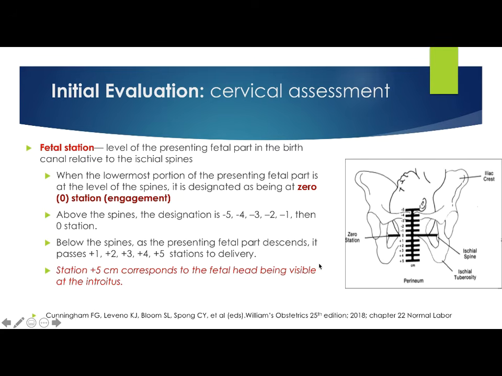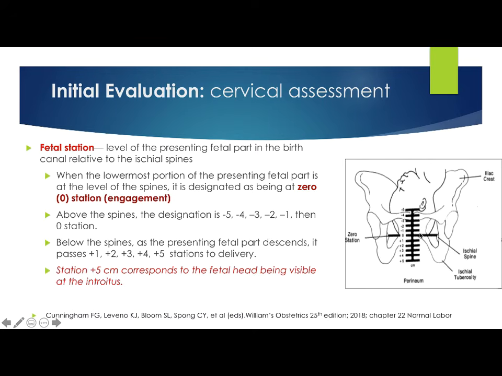So now let me draw your attention to this illustration on the right side of the slide. When the lowermost portion of the fetal presenting part, as you see in this picture, is at the level of the ischial spines, that is designated as station 0. Or in terms of cardinal movements of labor, that is engagement. Okay?